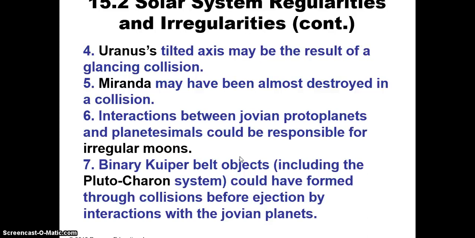Anyhow, Charon happens to be really large compared to its host planet. Pluto's bigger, but Charon happens to be exceptionally large for a moon. And we think that could have formed through collisions before ejection by interactions with the Jovian planets, with the gas giants.